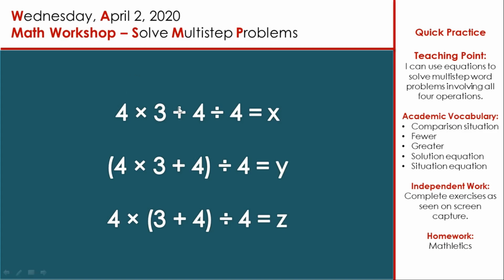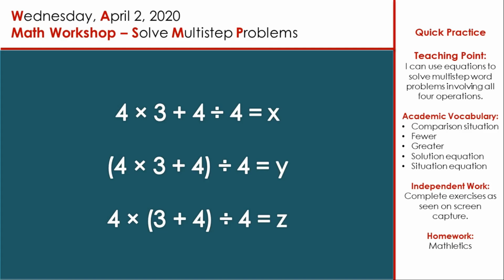In the first one, I would try this product right here, and then I would try this division right here. What I get from these two different operations, I'm going to add. On the second one, I'm supposed to solve the one in the parentheses first. However, inside this parenthesis, I have multiplication and addition.